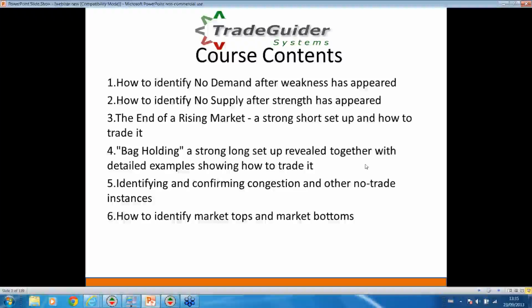Everything I'm going to talk about today is all about tracking what we call the smart money. The smart money are traders or syndicates or hedge funds or large individuals with large accounts who think nothing of putting 50,000 contracts into the market at any one time. These syndicates, these institutional banks exist. You better believe it.